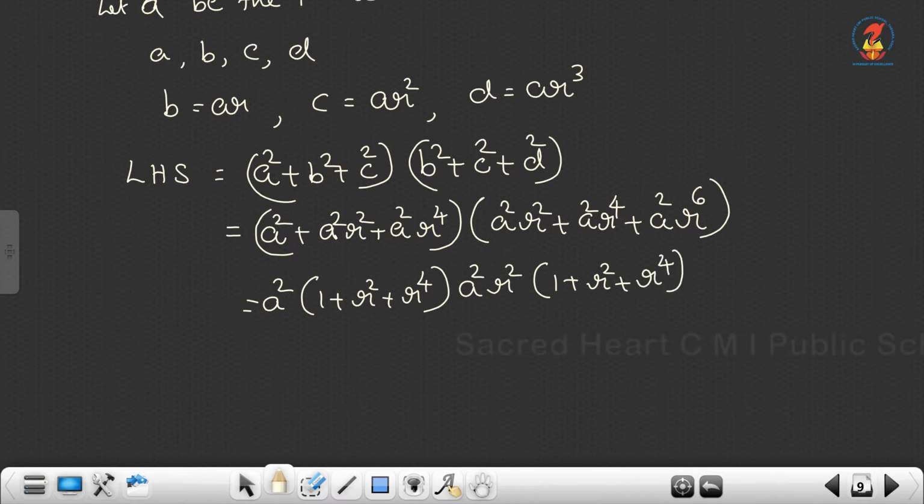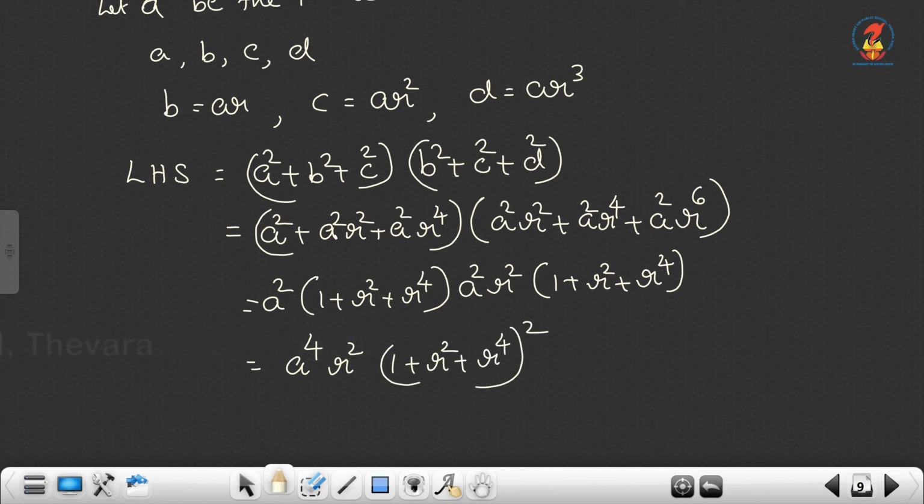The powers you have to add. Now, this A square into A square R square is A raised to 4 R square, and 1 plus R square plus R raised to 4 is also in the next bracket. So, we can write it as its square, (1 plus R square plus R raised to 4) whole square. Okay. So, you can stop here.